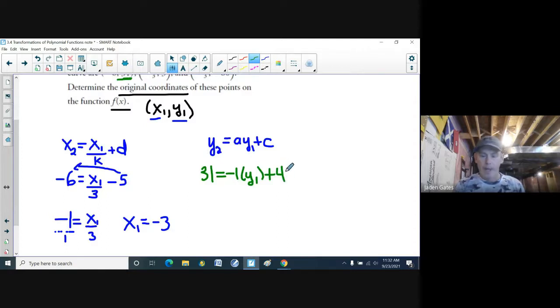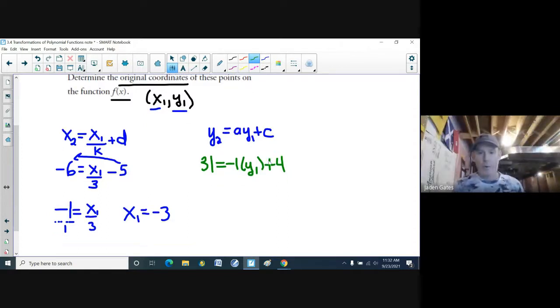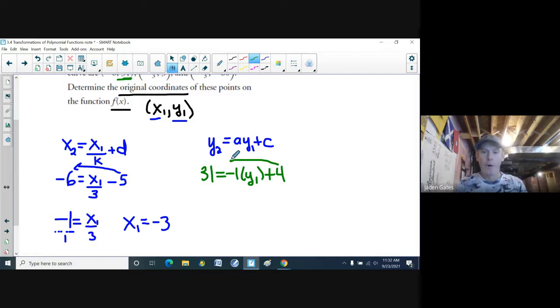Okay. So I want to solve for y1 here. I'm going to move the 4 over to the other side. Again, changes sides, changes sign. 31 minus 4 is 27, equals -1 times y1. We're not quite done yet. All we have to do is divide both sides by -1.